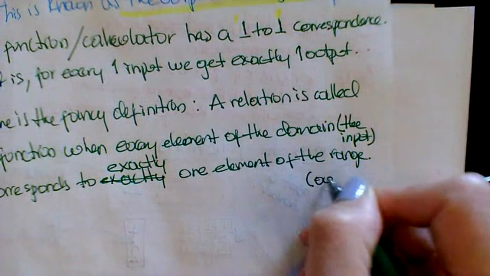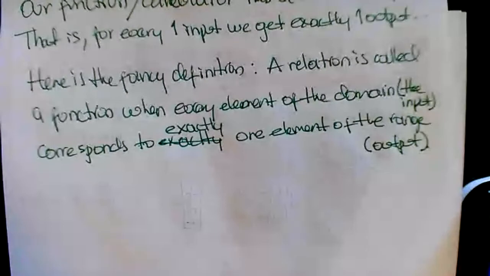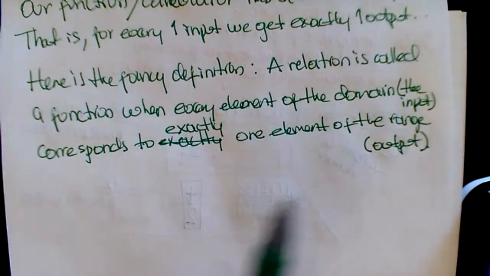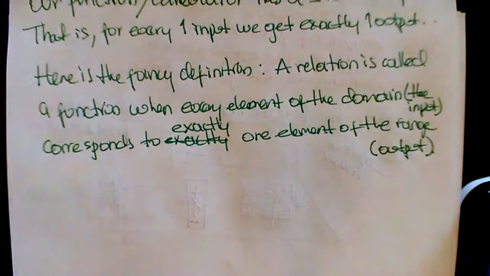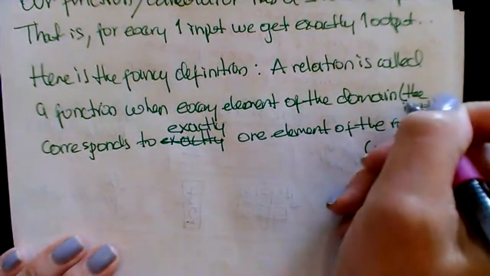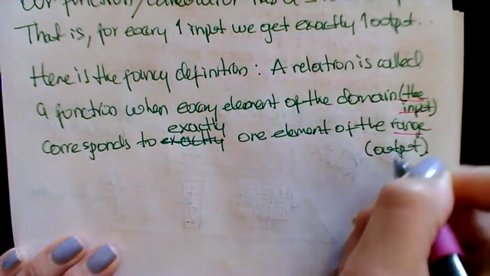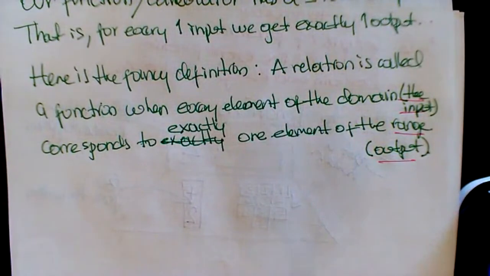So a relation is called a function when every element of the domain, which is the input, corresponds to exactly one element of the range.